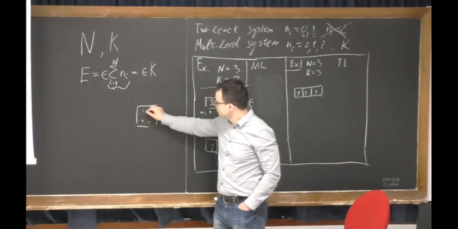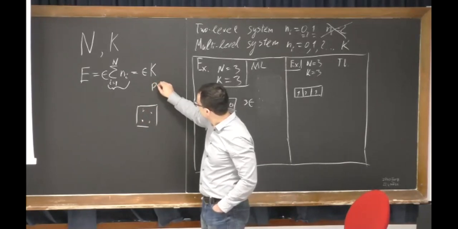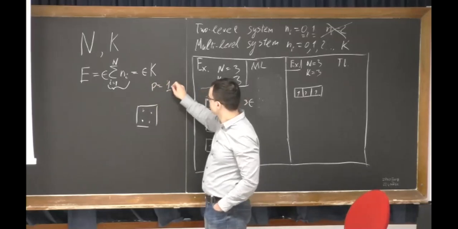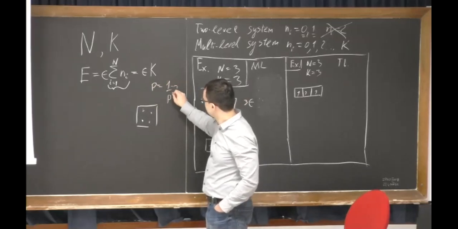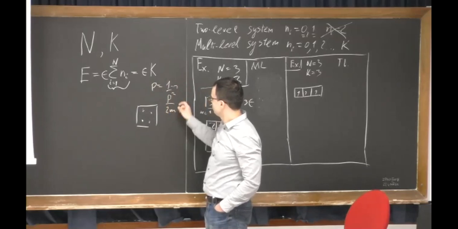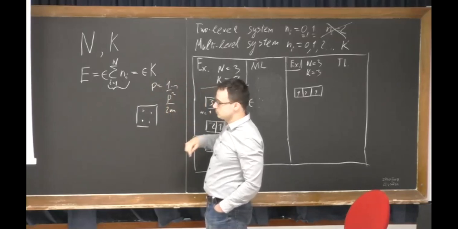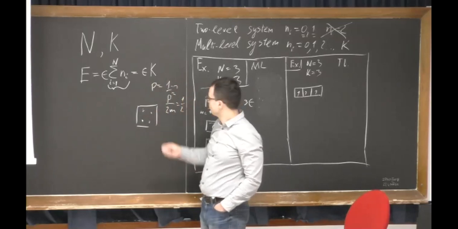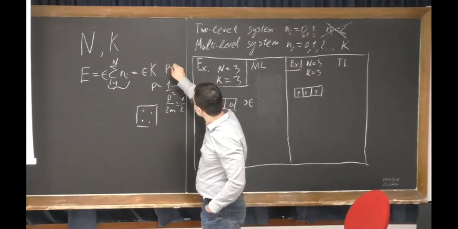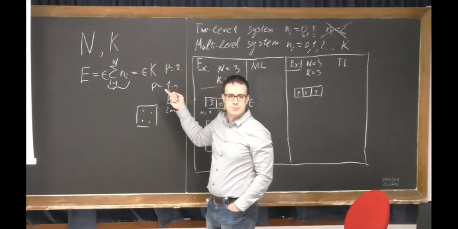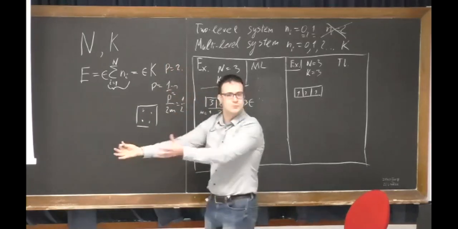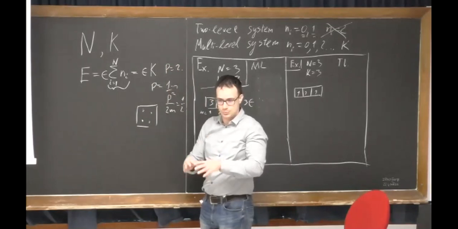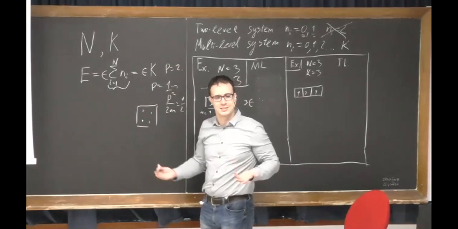This particle could have momentum 1, for instance, in arbitrary units, and that would give it energy p squared over 2m. Suppose m is 1, that would be 1/2 energy of the particle, but it could have momentum 2, right? So your particle just moves faster, it has more energy, and there is no problem for this particle to host more excitations, more energy.